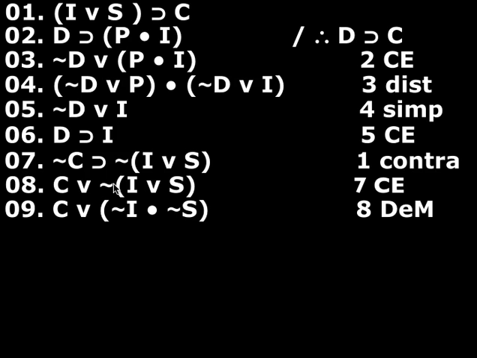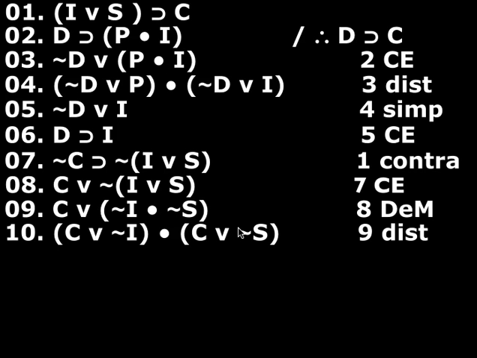This whole disjunction falls off, and all I'm left with is the conjunction. Now I can do the distribution. Okay, just like here where I had a disjunction, second disjunct was a conjunction, same thing here. I have a disjunction, second disjunct is a conjunction. So I do my distribution.